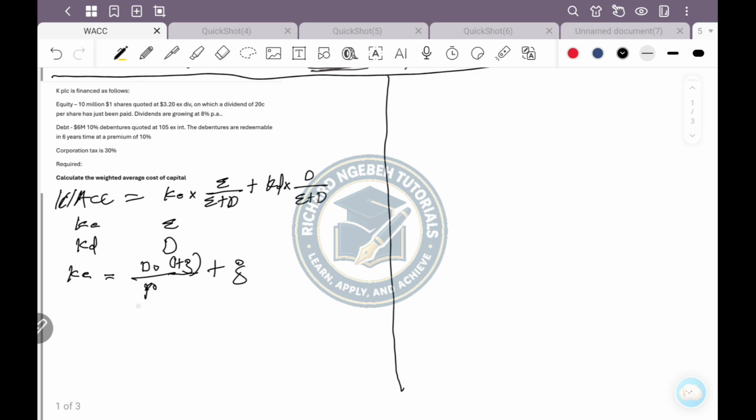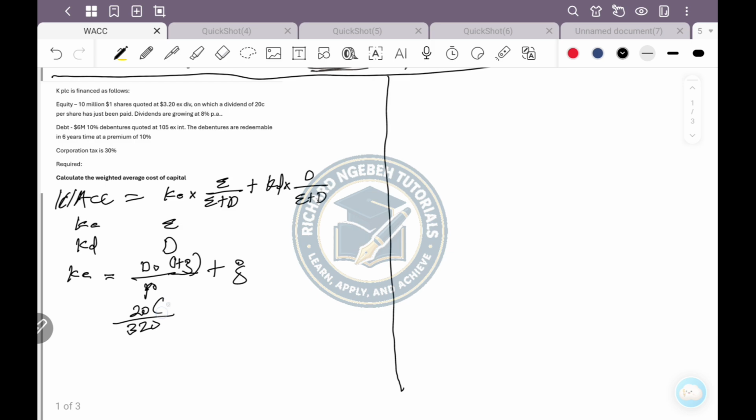So what is our D0 here? Our D0 is the dividend that has just been paid, 20 cents. What is our P0? $3.20, which is the ex-div. This is in dollars, so you need to convert it into cents.